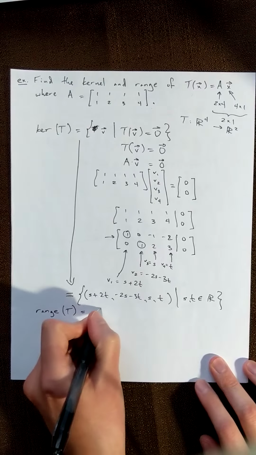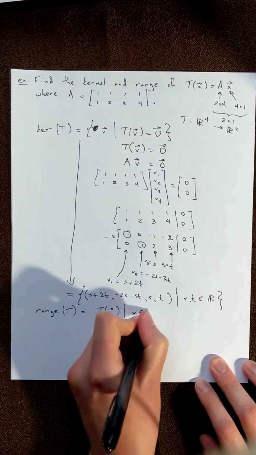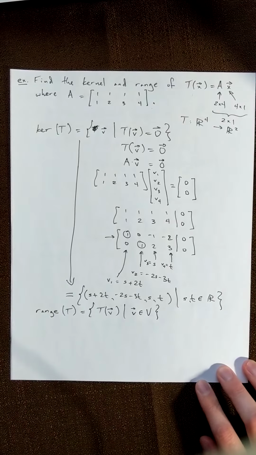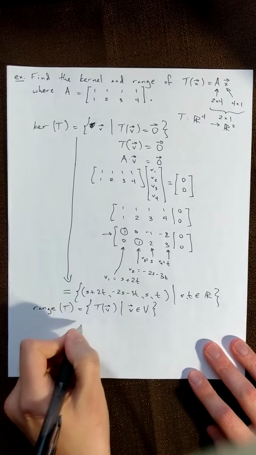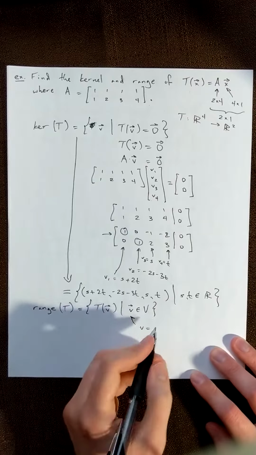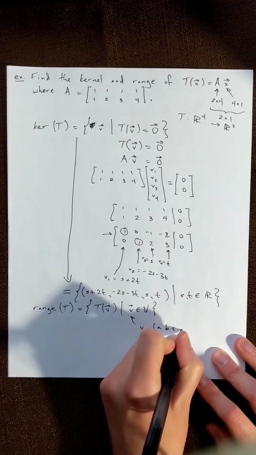Okay, our range is a set of all outputs. So if v is, instead of using v1, v2, v3, v4, to make my life a little easier, I'm going to use a, b, c, d.